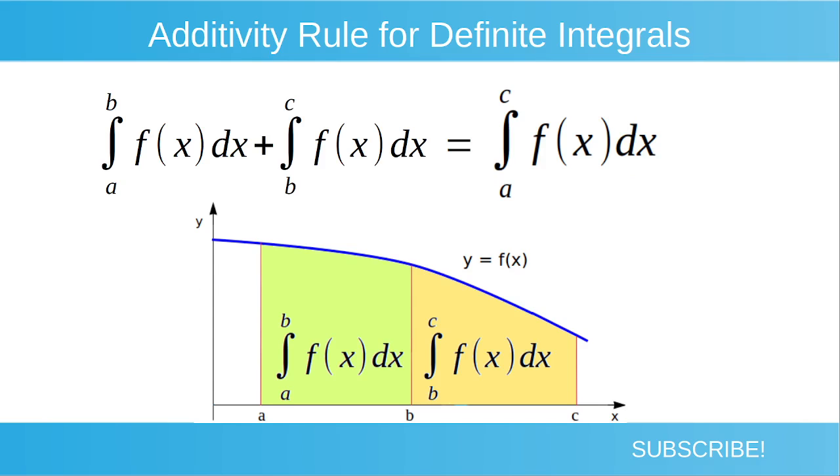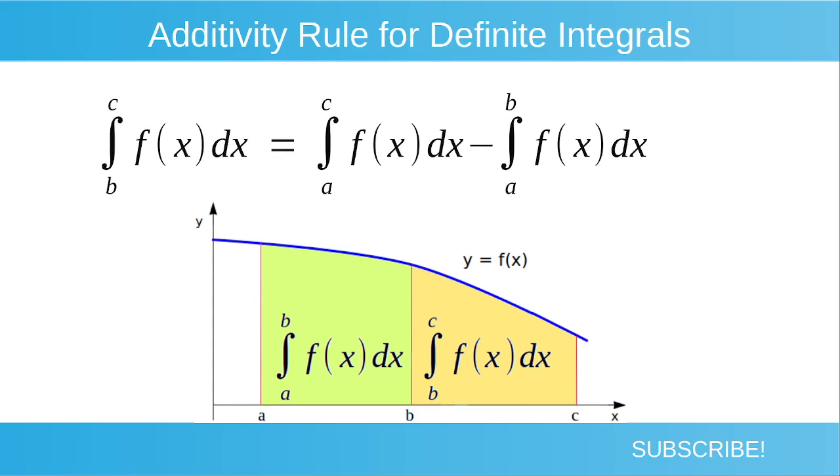Now, with the equation at the top of the screen, we can rearrange it. We can move the integral from a to b of f of x dx to the right hand side of the equal sign.